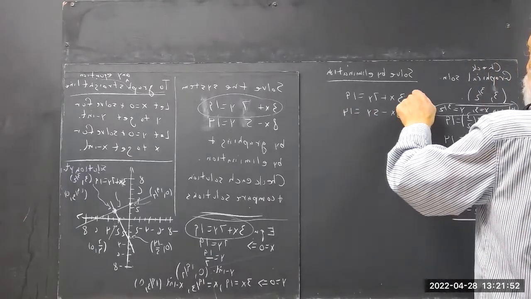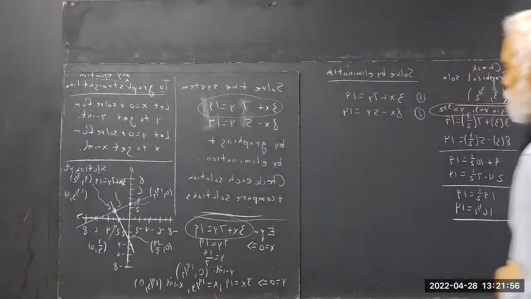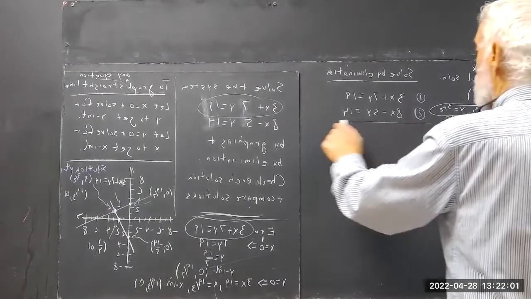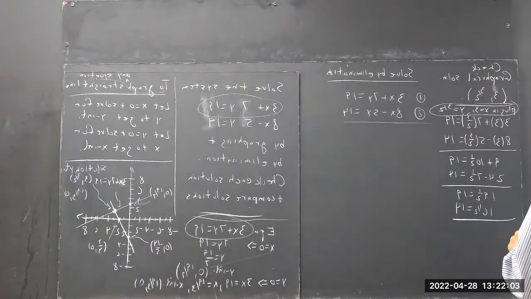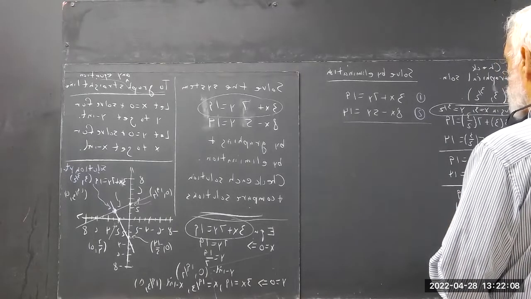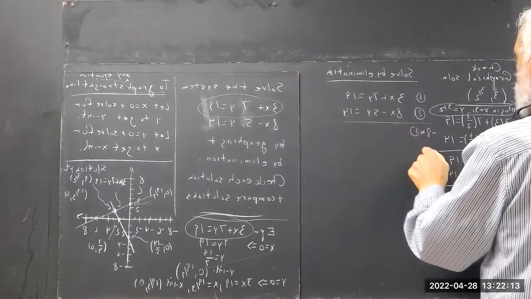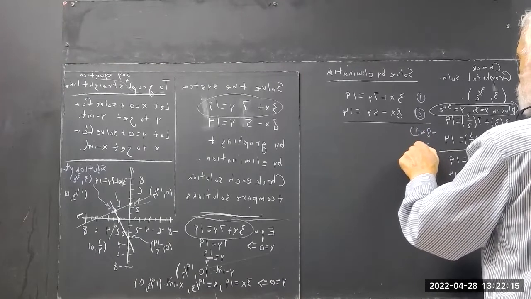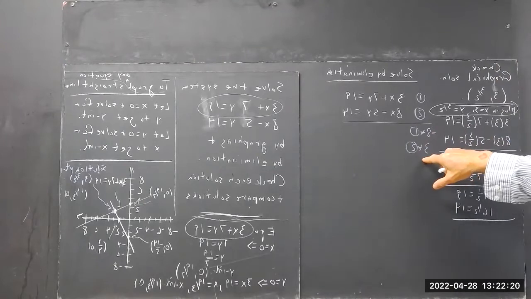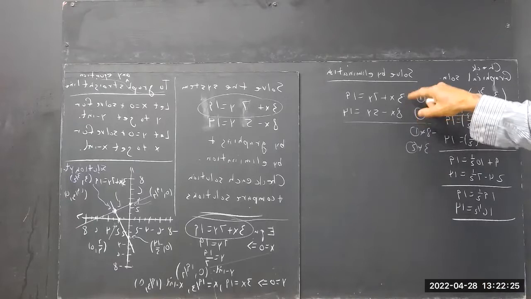We call this equation 1. We call this equation 2. Then what I'm going to do is I'm going to write out -8 times equation 1, 3 times equation 2. Why? Because that's going to match up my x's.